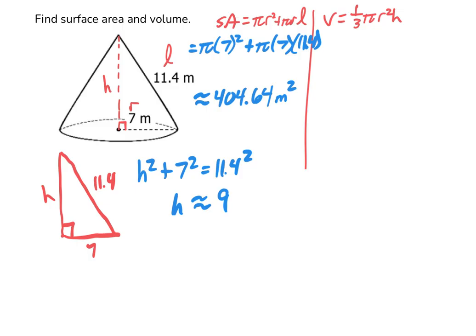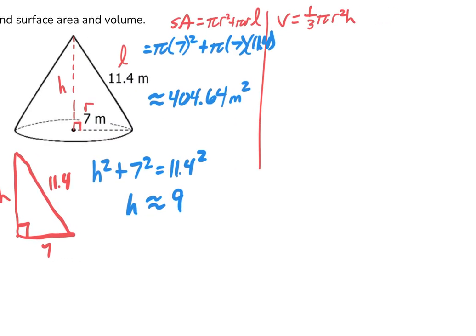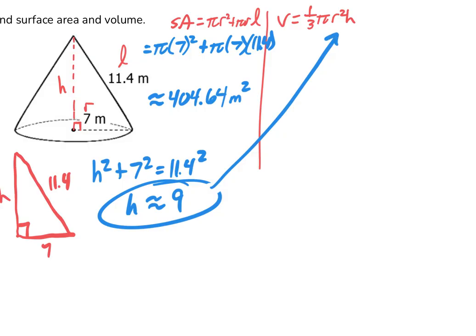If you want to leave that whole thing in your calculator, you can. It's 8.997, whatever. So you can take that whole thing. We're going to take this number, and we're going to plug it in for H up here.